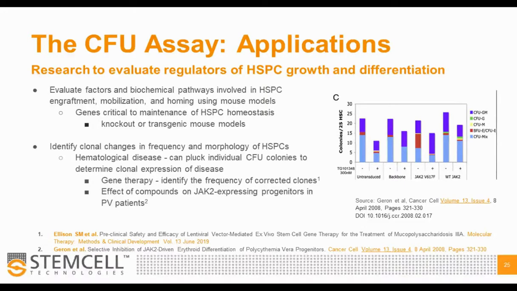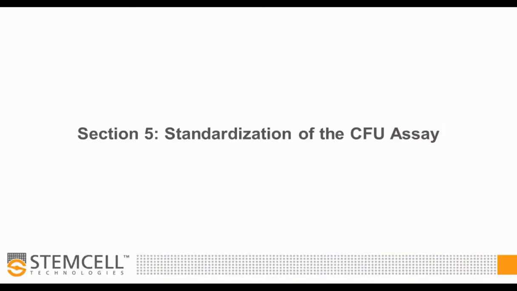You can see, for example, in this example, that they looked at the expression of the mutation and could identify that in BFU-Es or erythroid colonies that had the mutation, when you added the drug, those were really eliminated, where there was very minor effect on samples that didn't have that mutation.